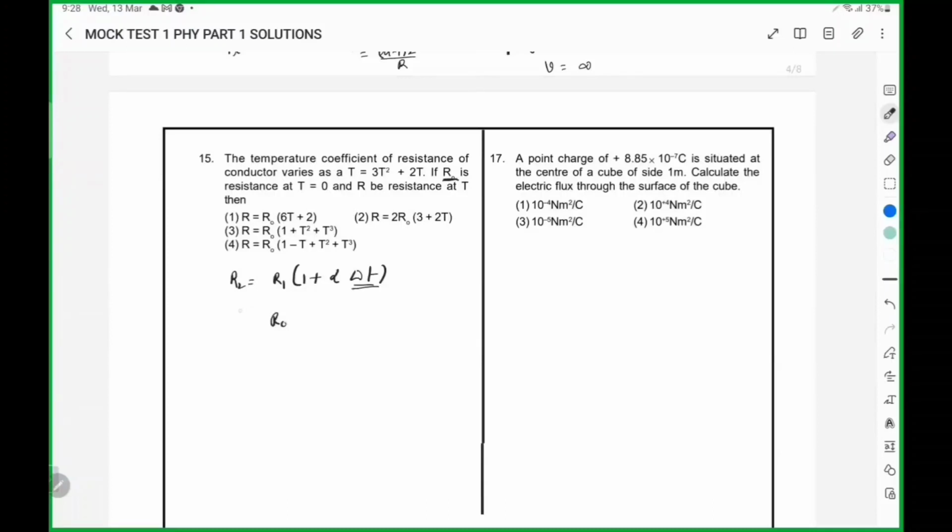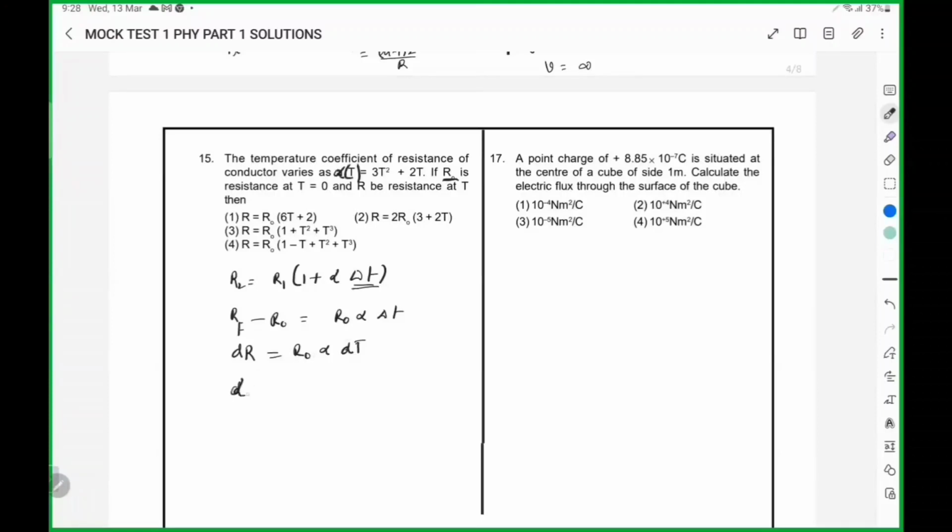After a certain temperature, this is final. R naught alpha delta T is the change in resistance, which is equal to R naught alpha dT. So dR is equal to R naught alpha dT.